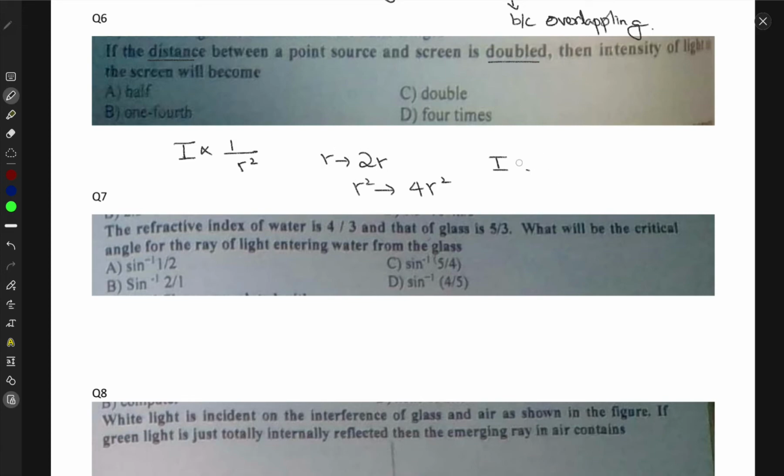Let me write it like this: 1 over R squared would take the form of 1 over 4R squared, but I know that 1 over R squared is proportional to intensity. So 1 over 4 times intensity means that the intensity is going to 1 by 4. So it becomes 1/4 if I double the distance, which means that the correct option is option B.